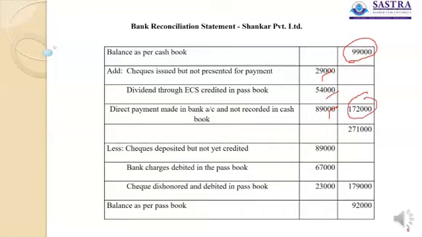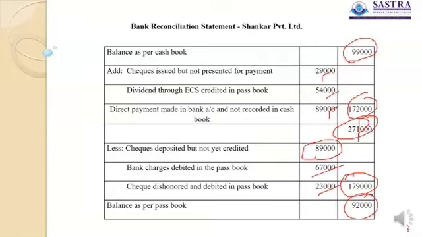Here 99,000 is added to 1,72,000, making the plus balance 2,71,000, and 89,000, 67,000 and 23,000 are deducted, totaling 1,79,000. The difference between 2,71,000 and 1,79,000, 92,000, is the balance as per the passbook.